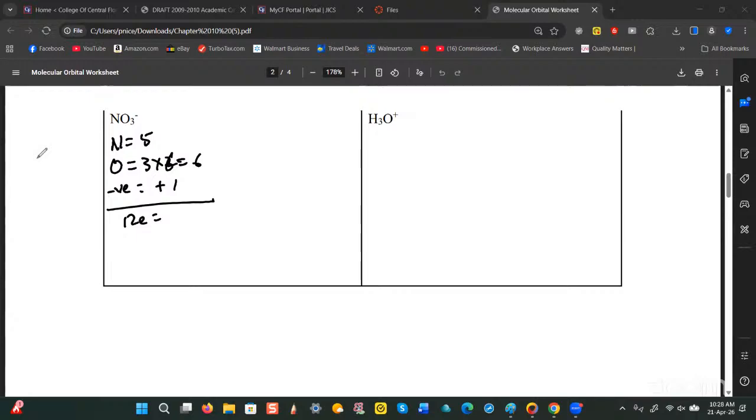I'm confusing the valence electrons with the charges. The negative charge contributes 1 electron. So that's 5 plus 18 plus 1, which is 24 electrons, which would equal 12 pairs. All right, so we put the nitrogen in the middle, surrounded by the oxygens.